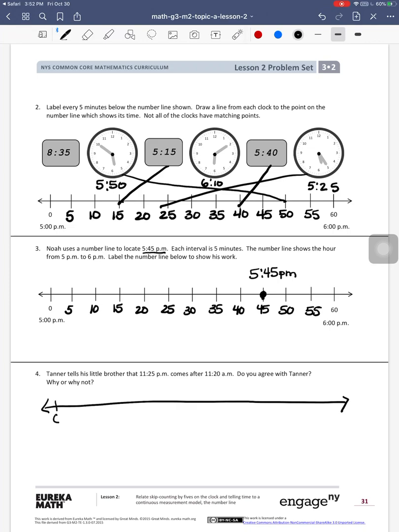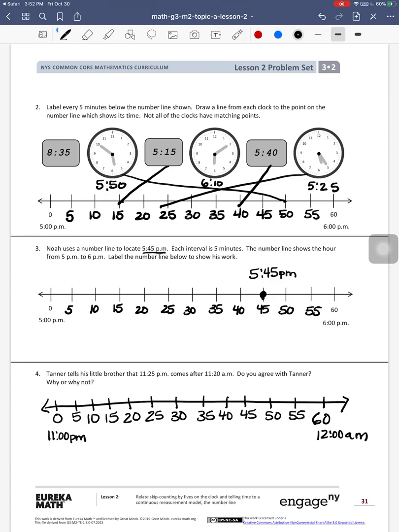And I'm going to have 0, 5, 10, 15, 20, 25, 30, 35, 40, 45, 50, 55, 60, right? This could be also considered 11 p.m. And this over here would be 12 a.m. So let's plot 11:25 p.m.